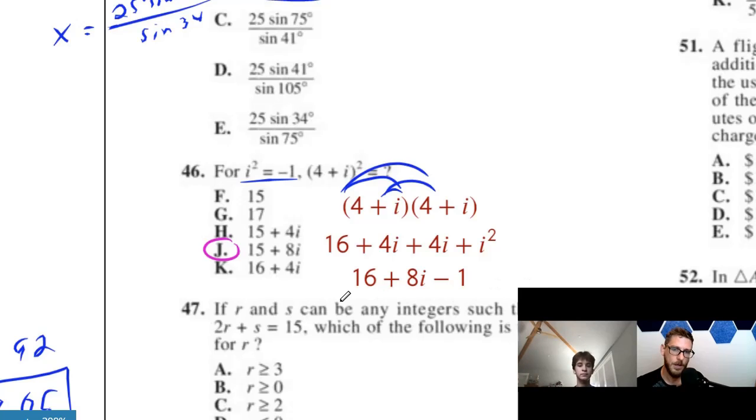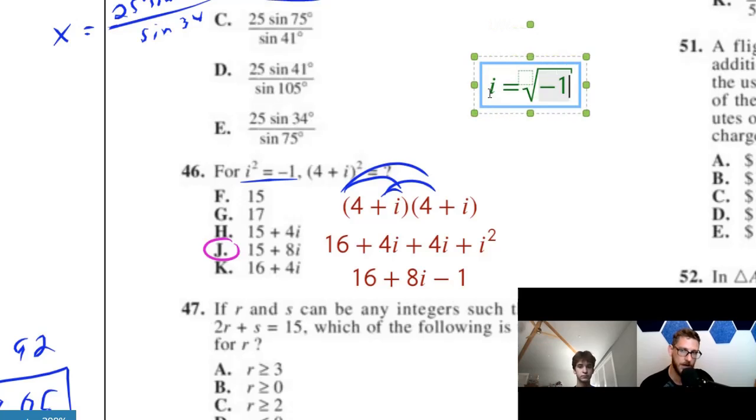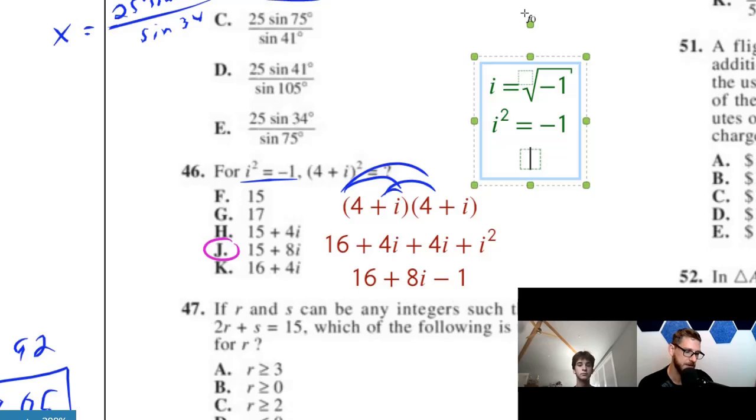Okay, so as long as we're here, let's talk about i squared, or just i in general a little bit. So we know that i is the square root of -1, right? And i squared is -1. Right, with me so far, all that makes sense?